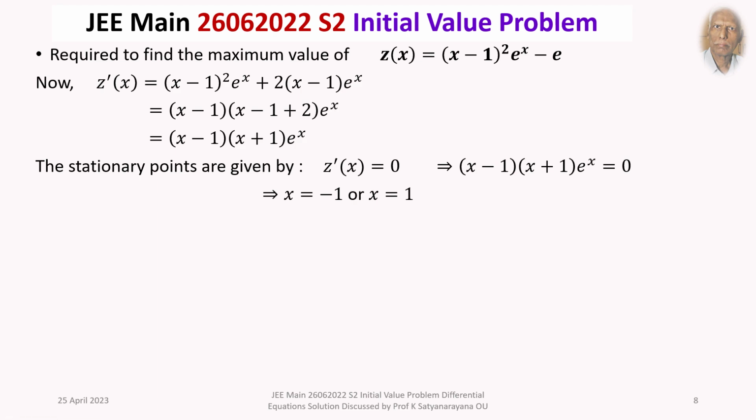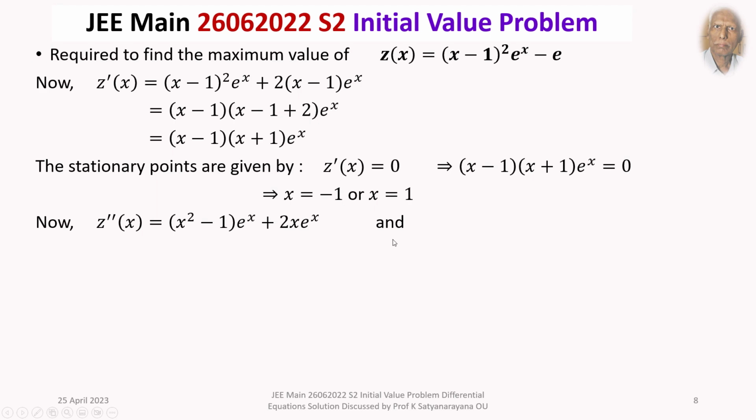That means we are going to apply the second derivative test. So z prime x we know; differentiate again, you will get z double prime x, the second derivative, equal to: z prime x is x square minus 1 into e power x, so the first function x square minus 1 into the derivative of the second, e power x, plus the derivative of the first, that is the derivative of x square minus 1, which is 2x, into the second e power x.